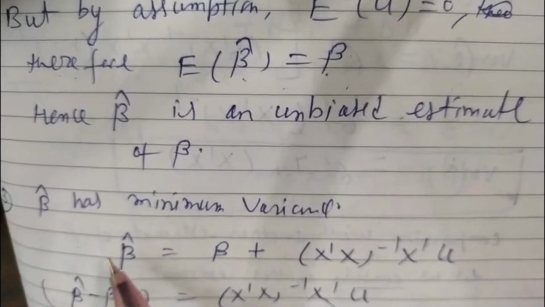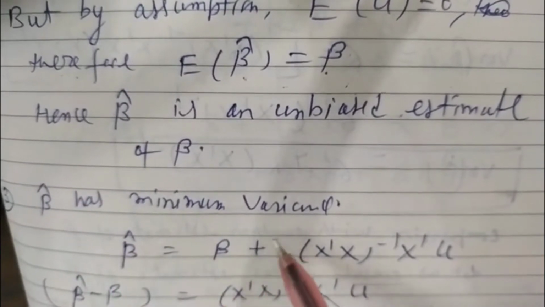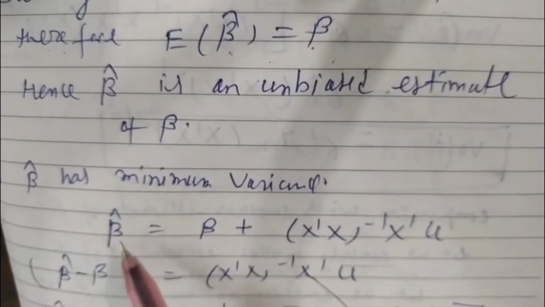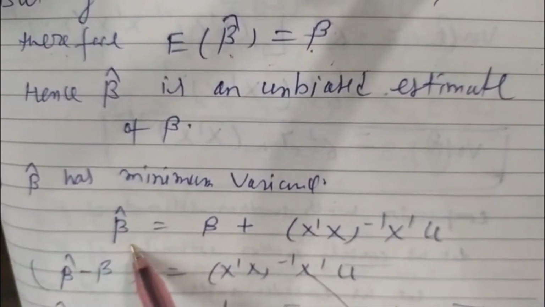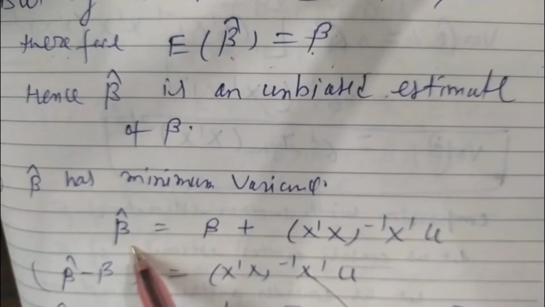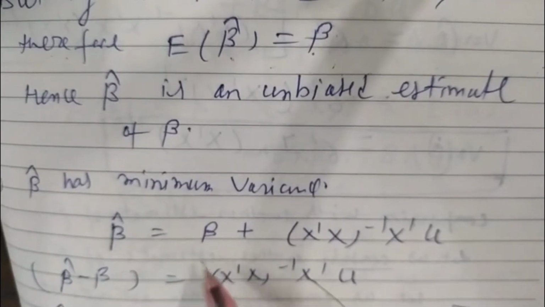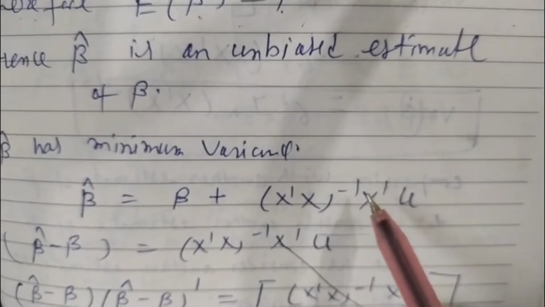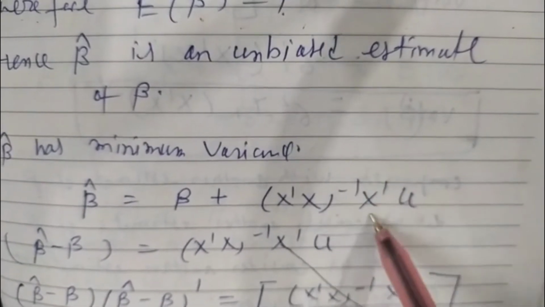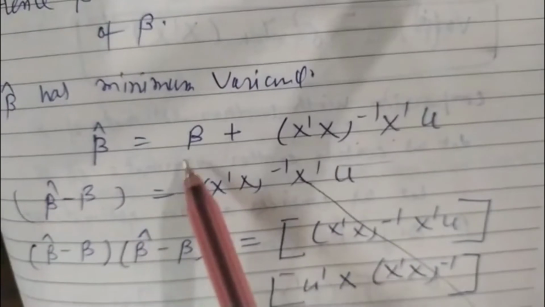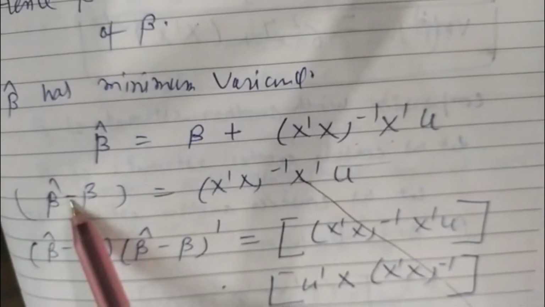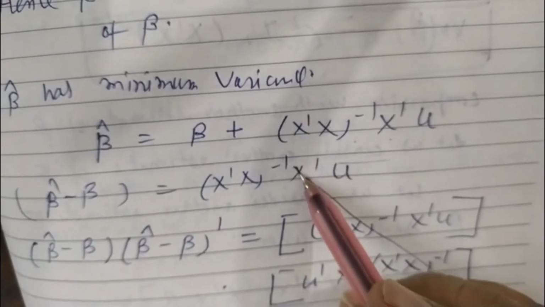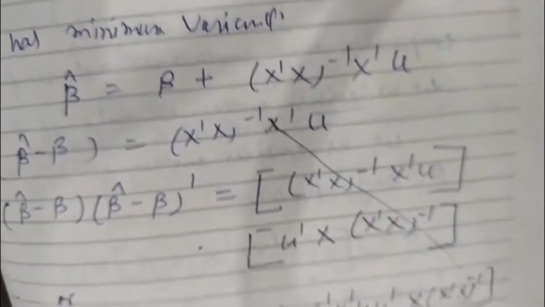Our third property is that all the parameters have minimum variance. To prove this, always remember estimated beta in matrix form: estimated beta minus beta equals (X'X) inverse X'u, as already proved.